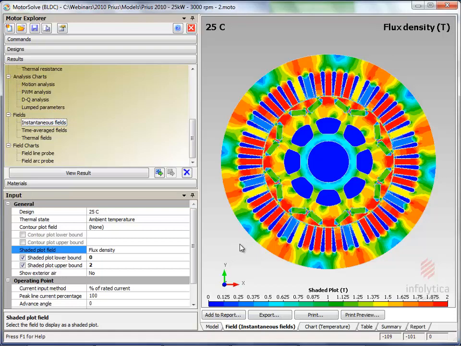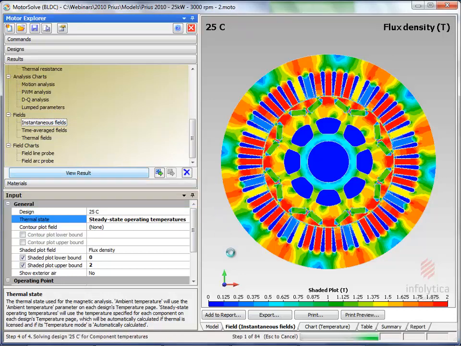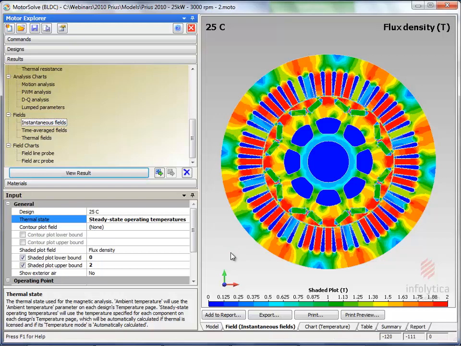Here you can see the flux density shade plot, and this is at ambient temperature, so 35 degrees. And now if I toggle on this parameter here and tell it that I want to look at the operating temperature after the transient response, it'll take another moment, but we'll have that shade plot. Okay, so now we have a finished plot at the end of the transient cycle.